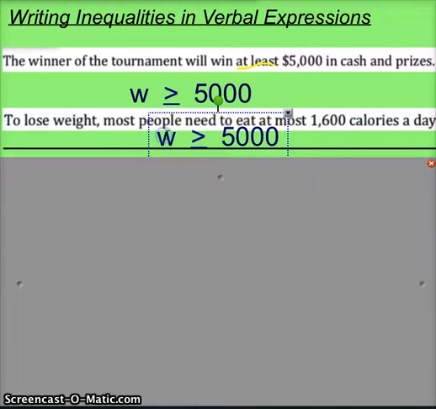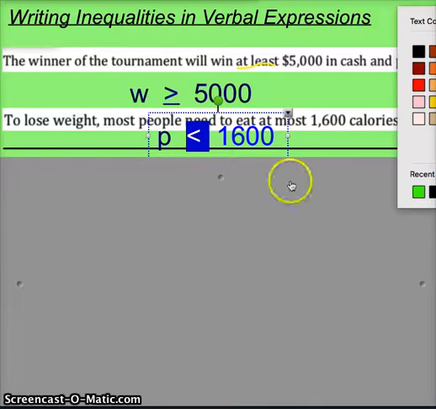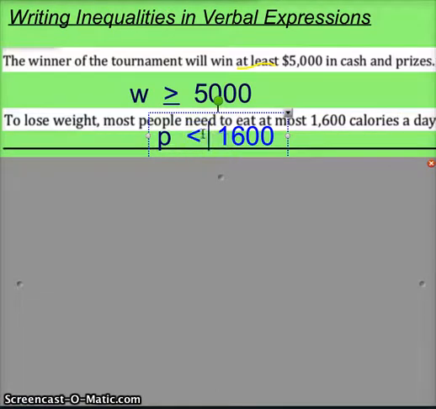So I know 1,600 is my solution here, but I don't want people to have more than 1,600. We have to have it less than 1,600. But can they have 1,600 to lose weight? Yes, it says at most, so we can include the number 1,600. It doesn't say just less than 1,600. So P is less than or equal to 1,600.